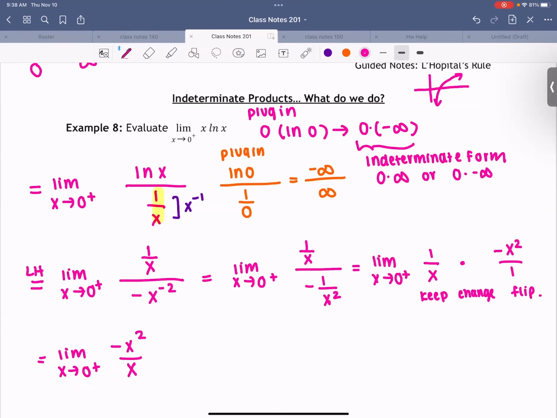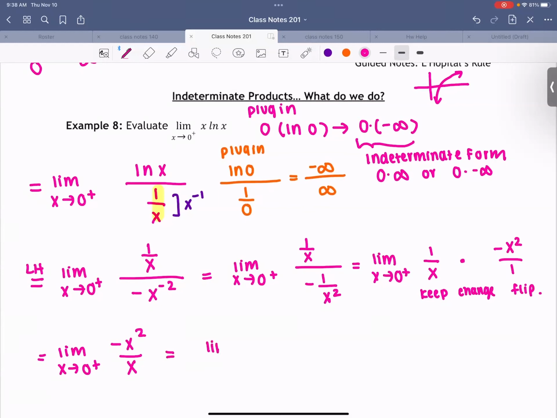Let's simplify things and make it look a little better. So this is the limit as x goes to 0 from the right of, I think it's just -x, right? Once we're here, we've simplified enough, so we can plug in. Plugging in, we have -0, which is 0. And that's my final answer.